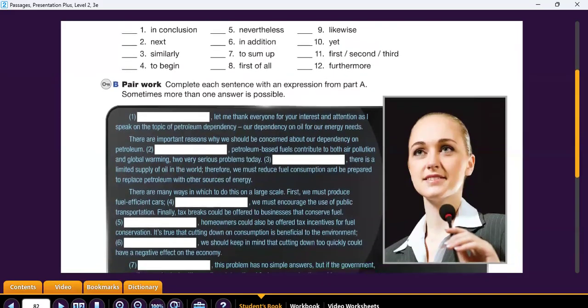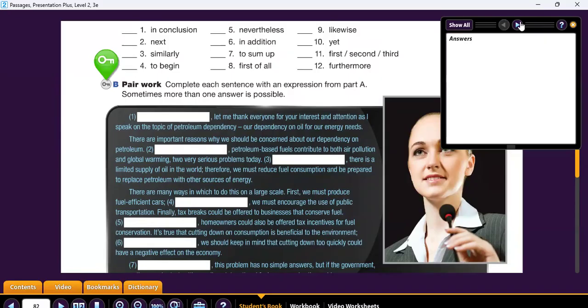Let's see. First of all, let me thank everyone for your interest and attention as I speak on the topic of petroleum dependence, or dependency on oil for our energy needs. There are important reasons why we should be concerned about our dependency on petroleum.